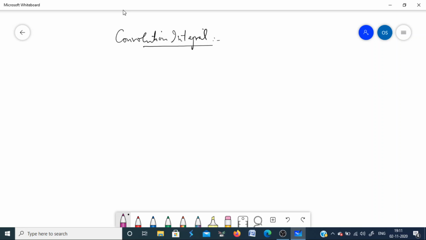Okay, in the previous class, we discussed the convolution integral. So we have y(t) equal to the integration of x(tau) h(t minus tau) d tau.